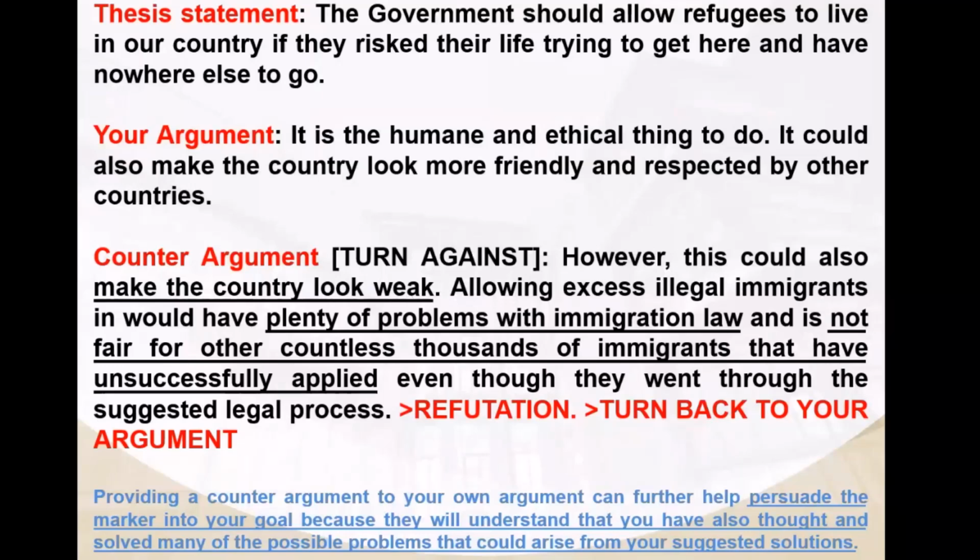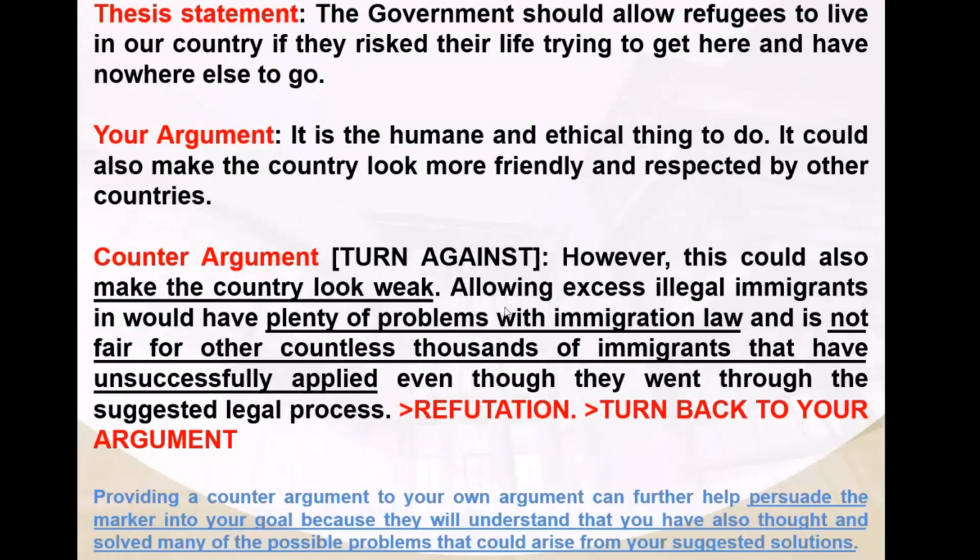This is the counter argument that those who are opposed to your views can have. Allowing excess illegal immigrants in would have plenty of problems. This is what they say, the critics.